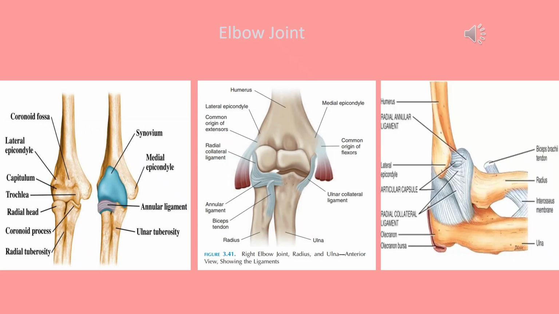But the reason I included the image on the right is because it shows the olecranon bursa. Remember that the tendon of the triceps brachii on the back of the arm has to wrap around the point of the elbow right there.